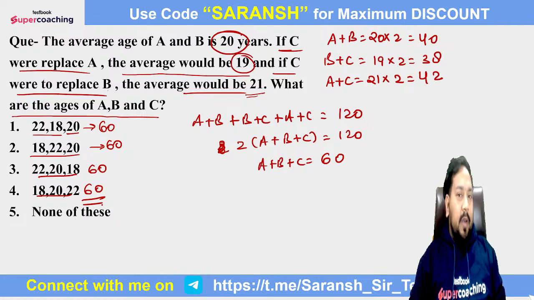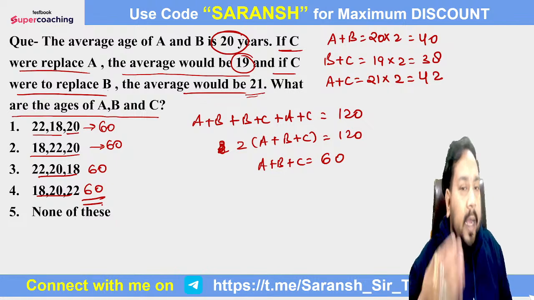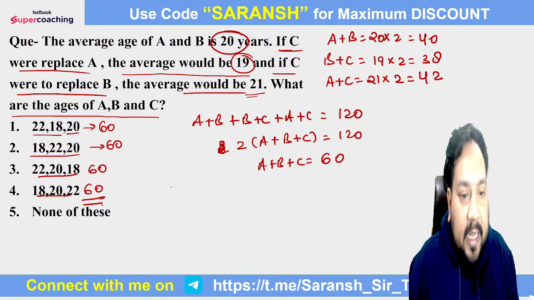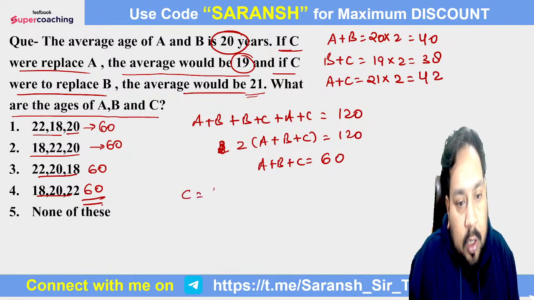Now just use your brain. Why is A plus B 40? It means C will be 60 minus 40, that is 20.